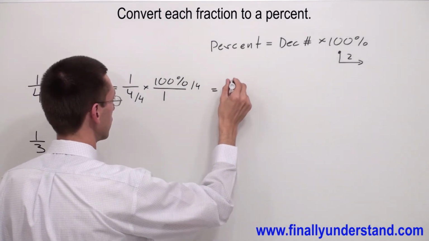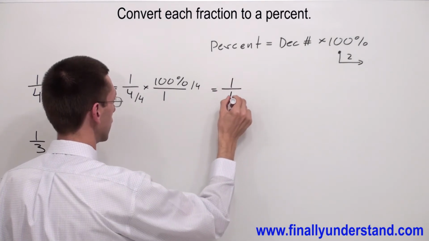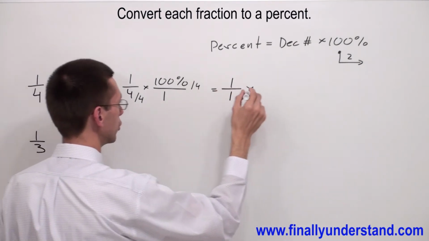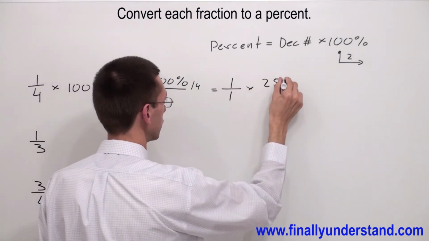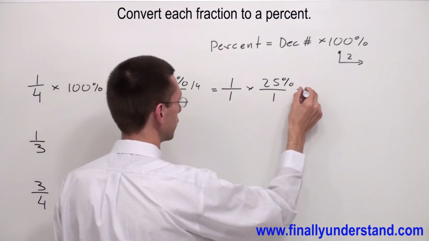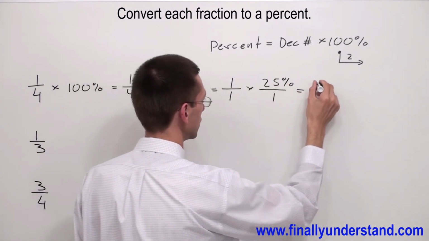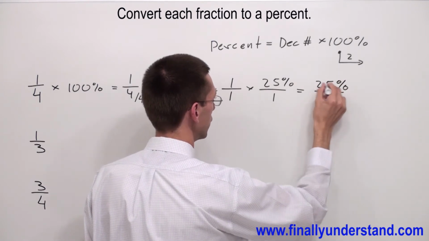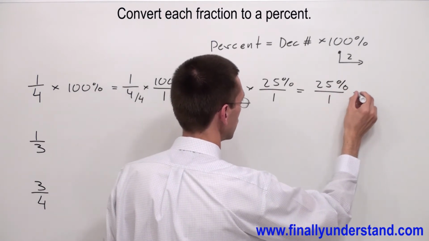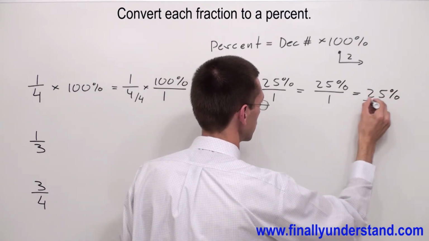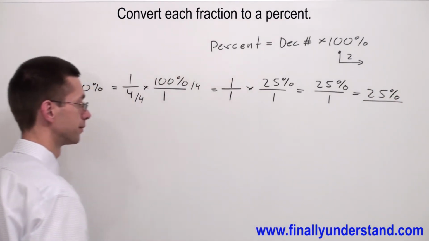So I'm going to have 1 over 1 times 100 divided by 4 is going to give me 25% over 1. Now I can multiply fractions. 1 times 25% is 25% over 1. 25% over 1 is equal 25%. This is solution for my first problem.